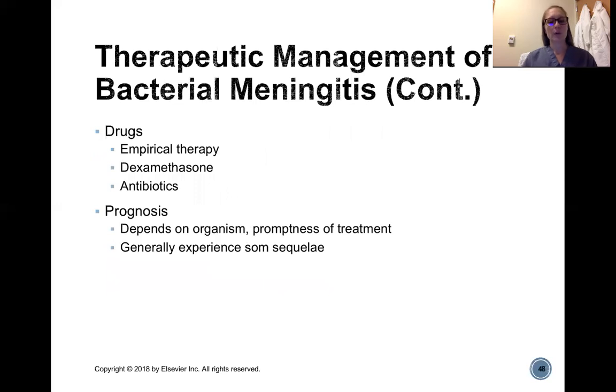We're going to utilize dexamethasone to decrease the risk of neurological problems, and for antibiotics, we're going to use cephalosporins.